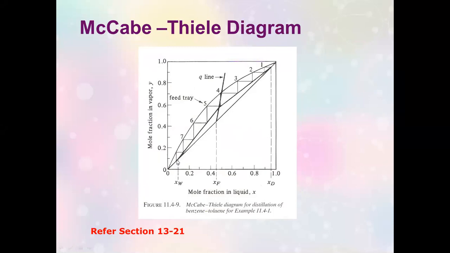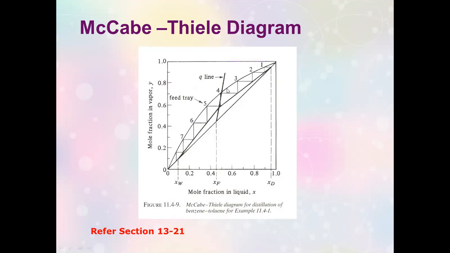So just a short review. Last meeting, you've learned that for you to be able to plot the enriching section operating line, you need the X sub D and you need either the slope or the y-intercept of this enriching section operating line.